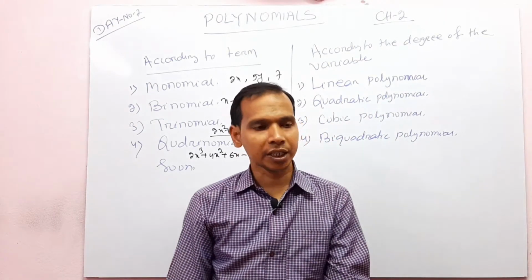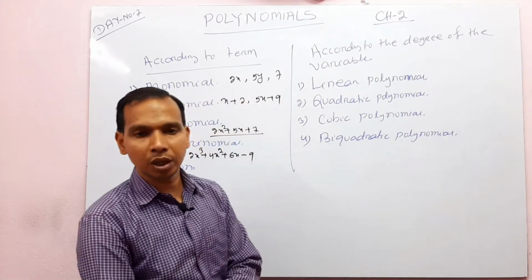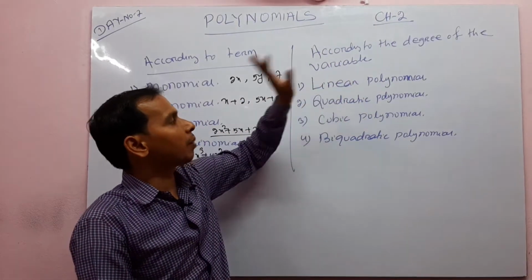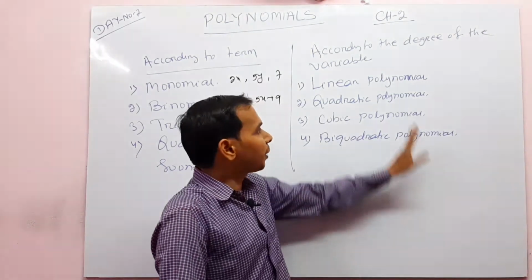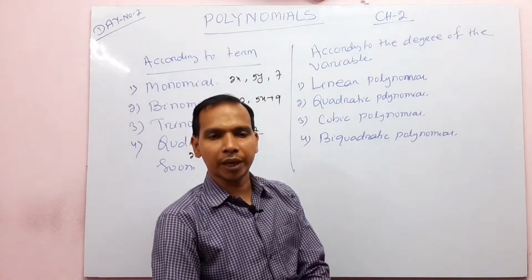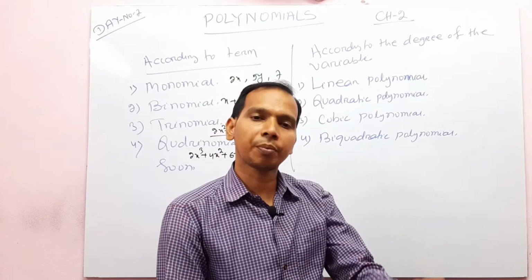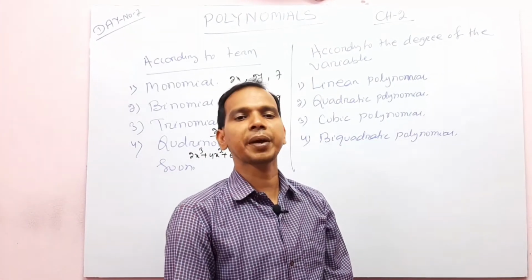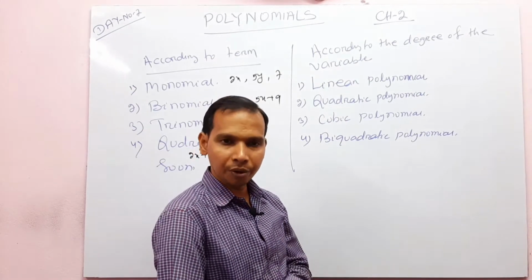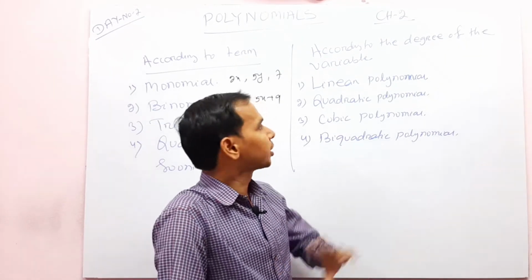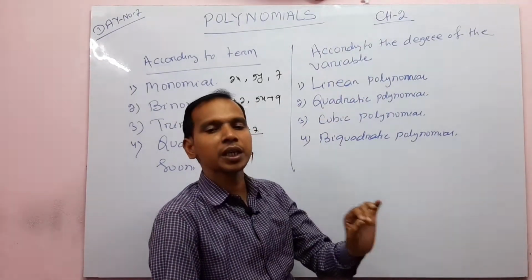Next, come to types of polynomial depending upon the degree of the variable. Depending upon the degree of the variable, polynomials are of different types, such as first one, linear polynomial.